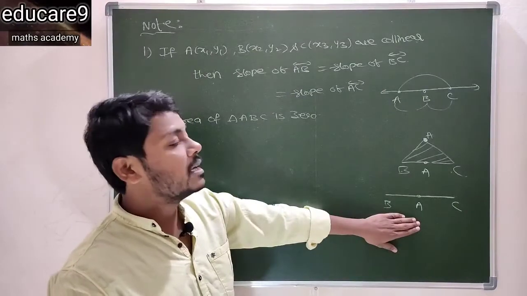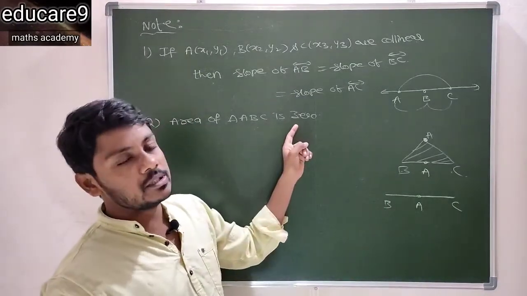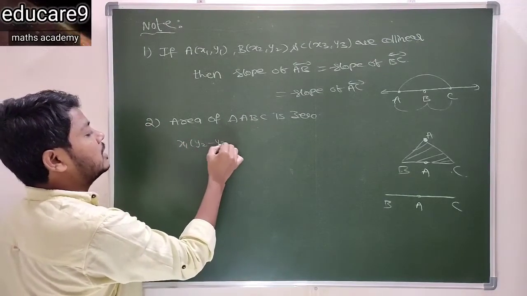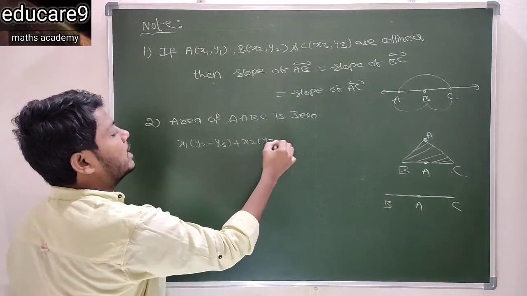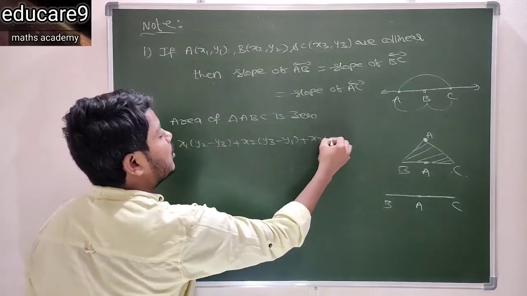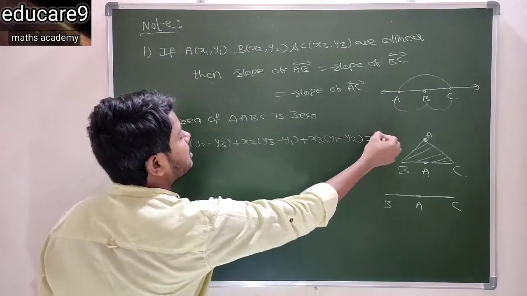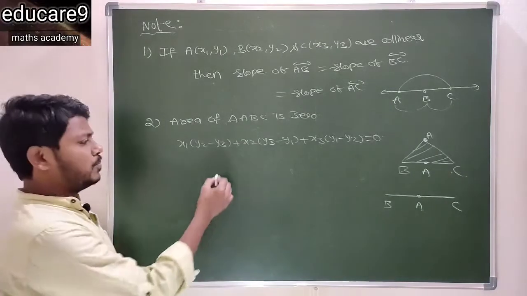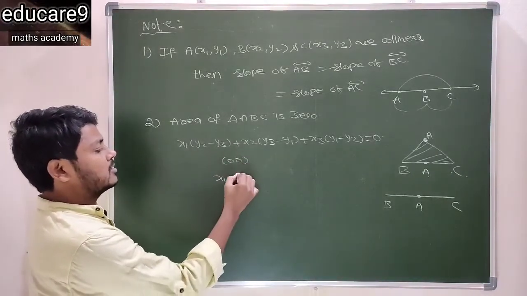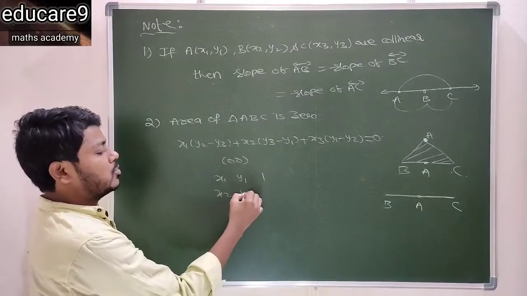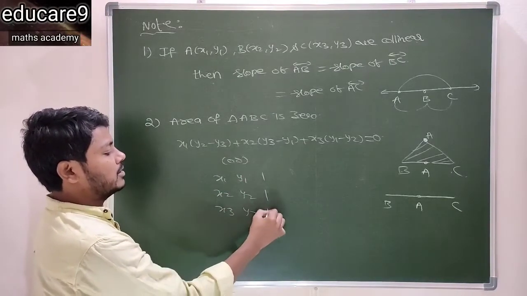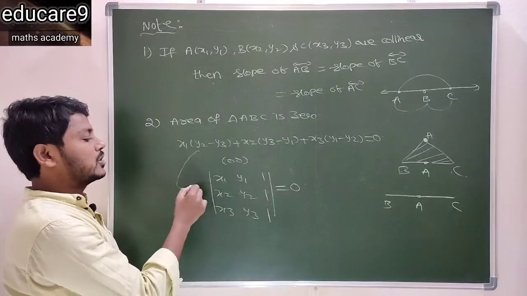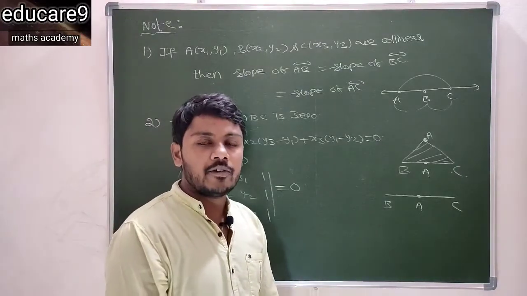So clearly in that case the area of the triangle is 0. So that means x1 into (y2 minus y3) plus x2 into (y3 minus y1) plus x3 into (y1 minus y2) is equal to 0. So this is the second condition for A, B, C to be collinear. Or simply this can be written as the determinant of rows (x1, y1, 1), (x2, y2, 1), (x3, y3, 1) is also 0. Okay. So this can also be written like this. For the next session we will discuss a few problems.